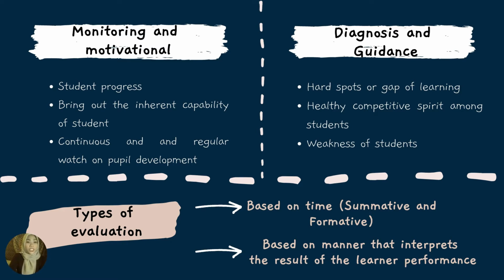And evaluation is a continuous and regular watch on pupil development. So the last one is diagnosis and guidance. Evaluation helps spot gaps of learning, and it helps to create a healthy competitive spirit among the students, and also it helps to identify the weakness of students in the learning process.